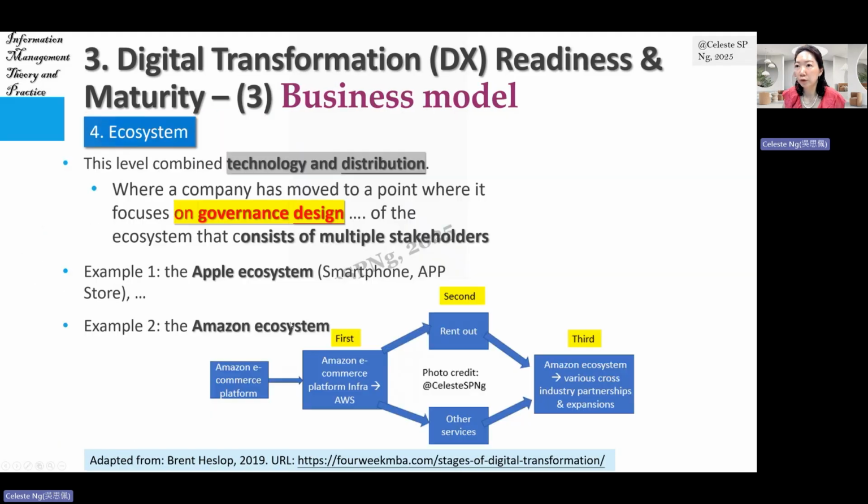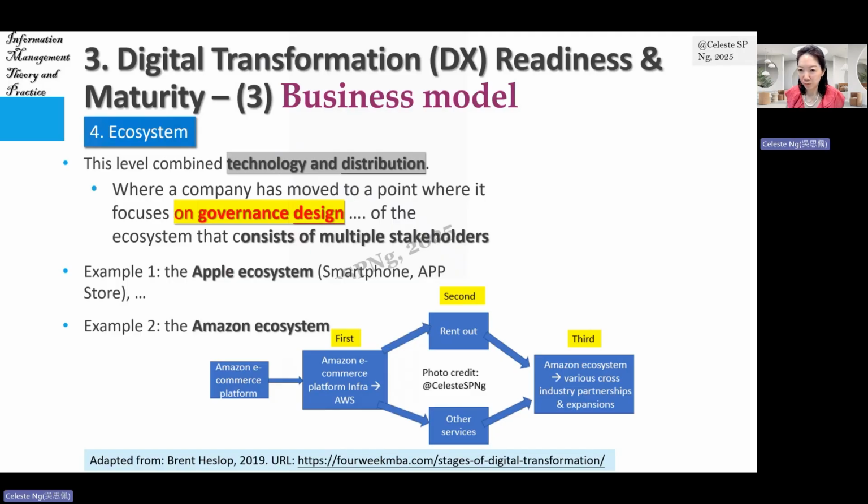And then we move on to the fourth level, which is the ecosystem, right? The fourth level of how digital technology impacts a business model. In this level, we can see that the key point is that it's not only about the digital platform, it's about the digital platform governance design, whereby that original two-sided digital platform has grown to become an ecosystem.